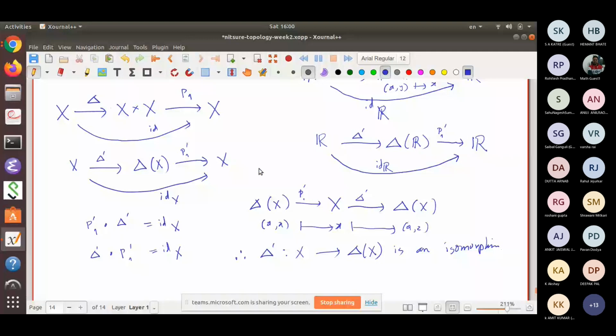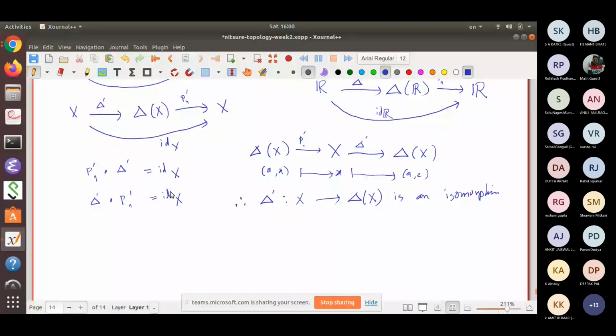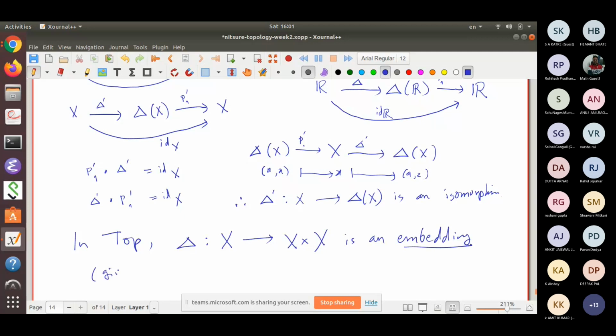So you understand that the diagonal is therefore an embedding. So our conclusion is that in topological spaces, the diagonal of x to x cross x is an embedding, which, let me remind you what we are talking about, gives an isomorphism, meaning homeomorphism in our category, of X with the image of delta.